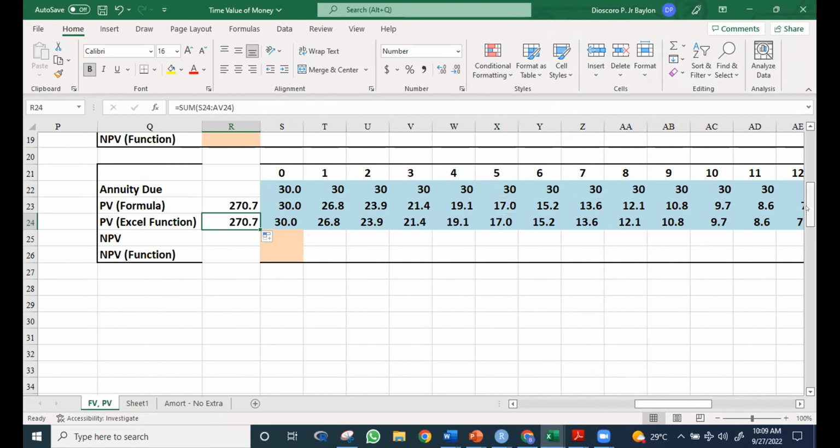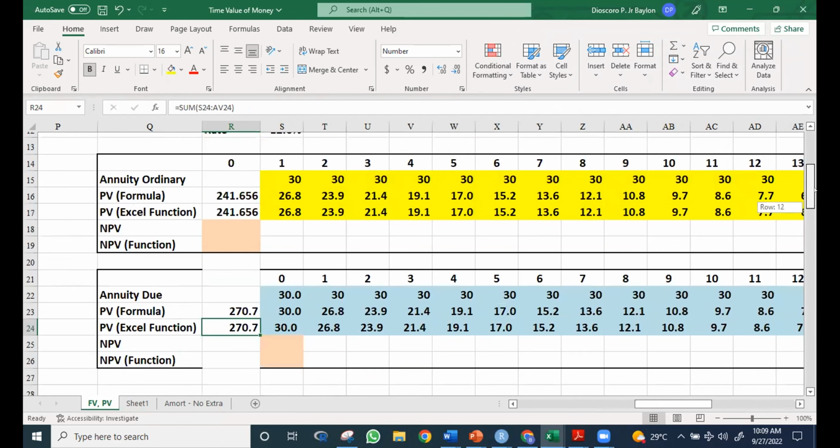All right. So one thing we can see here is that annuity ordinary will always be less than annuity due when you're getting the present value or the future values. Because of the nature of the cash flow: here, the cash flow starts immediately at time 0. Here, the cash flow starts at time 1.